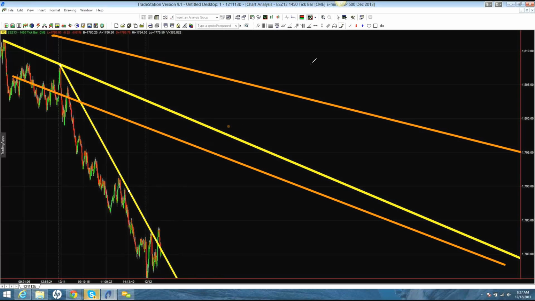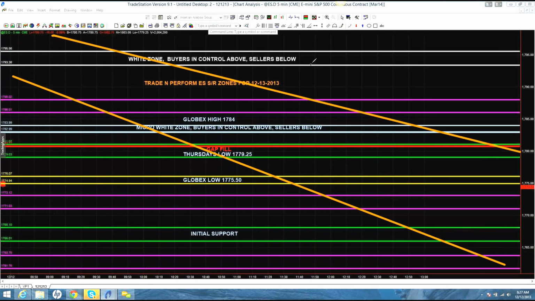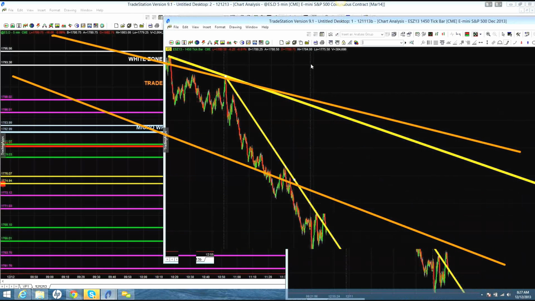Let's look at the same thing on the day time frame. If you look just on the day time frame, it is not cooperating.